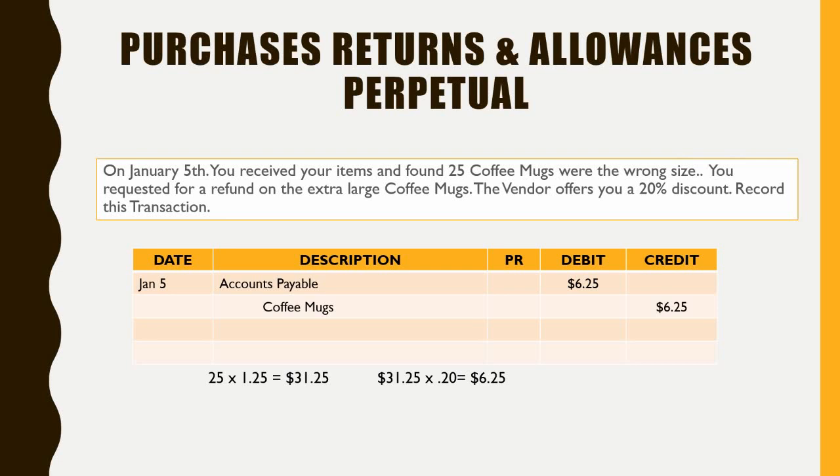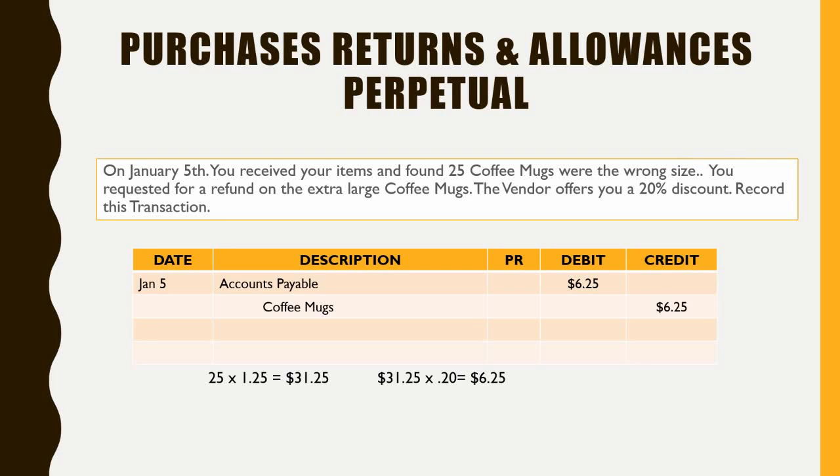In this case, the concept behind it is the same because ultimately we made a purchase and now we're returning it or we're getting an allowance. So that's why the title is called Purchase Returns and Allowances. However, we're looking at perpetual inventory, so we don't care, because right now it's not an expense anymore. Once you make an expense, you can't really fix an expense. You can only decrease or increase the expense.